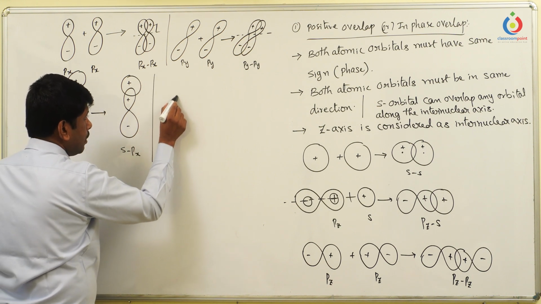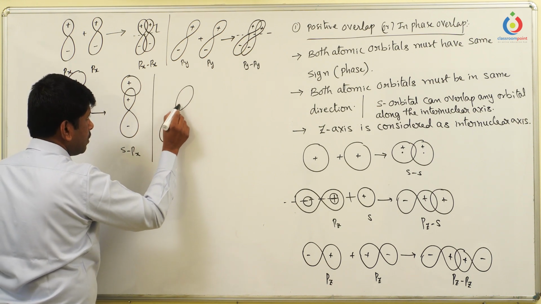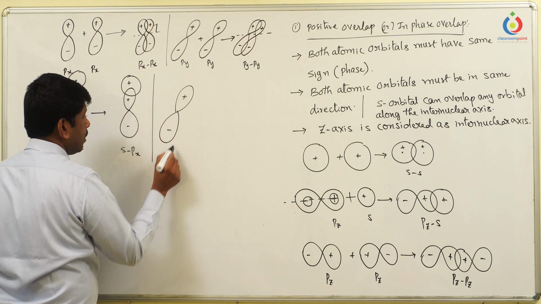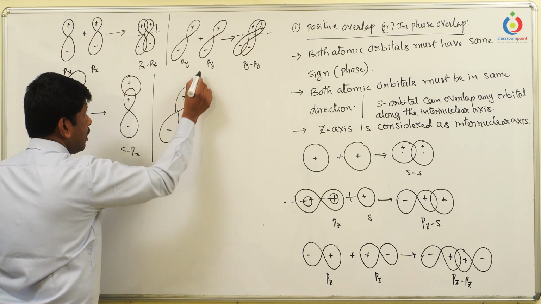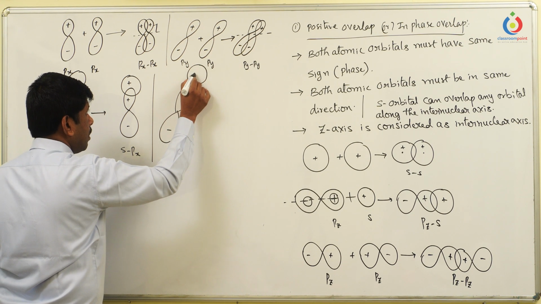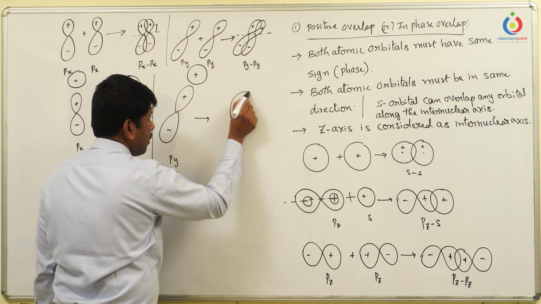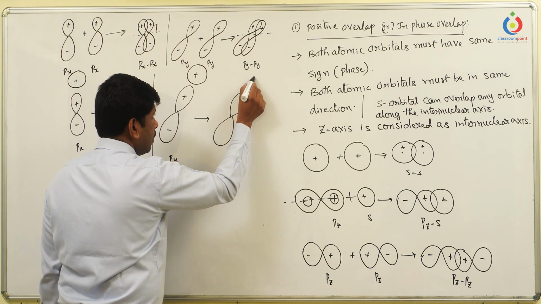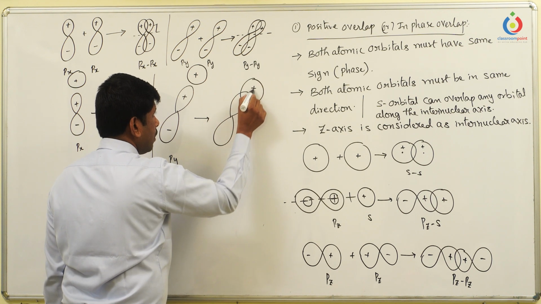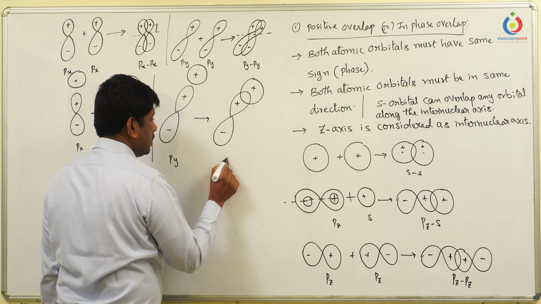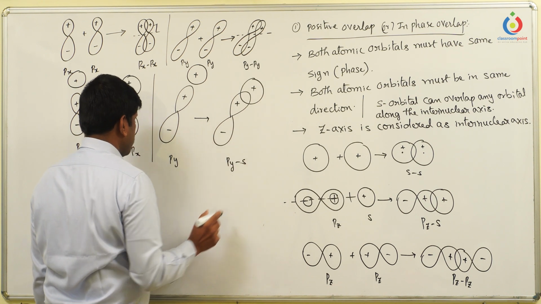Similarly, when the py orbital tries to overlap with an s orbital, this is called the py and s bond.